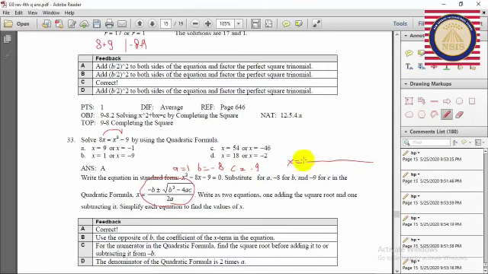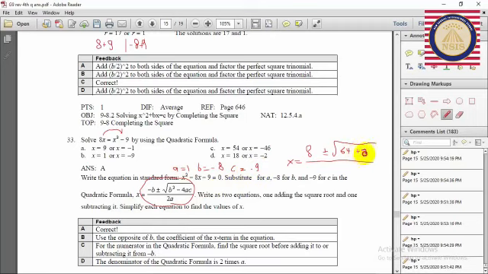Negative b, which is negative 8. So it's 8. Plus or minus square root. b power 2. 8 power 2, which is 64, minus 4a. 4 times 1 is 4, times negative 9. Negative 4 times negative 9 plus 36, over what? 2a. 2 times 1 is 2.